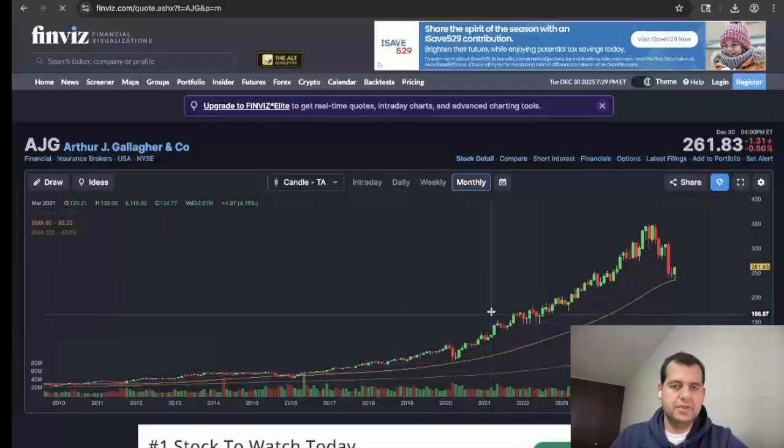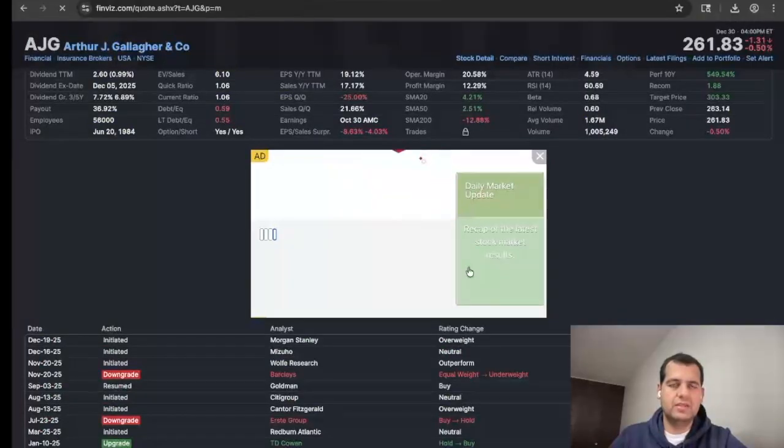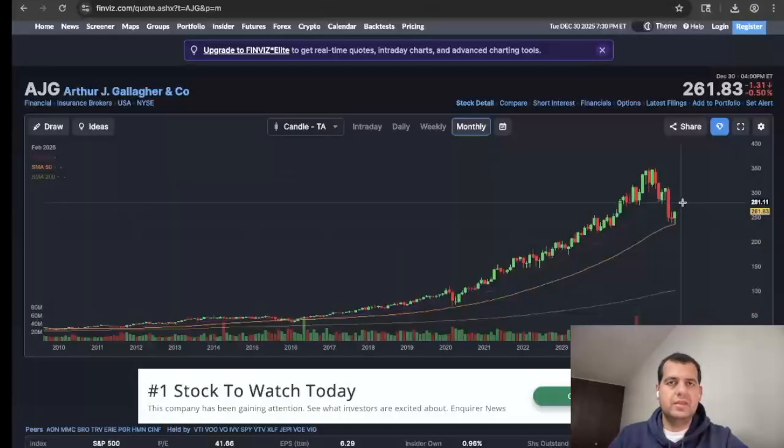And in the past few years, it was actually bouncing back from the 20 SMA, but recently it broke and went down to the 50 SMA. But this looks like a good bounce to me.